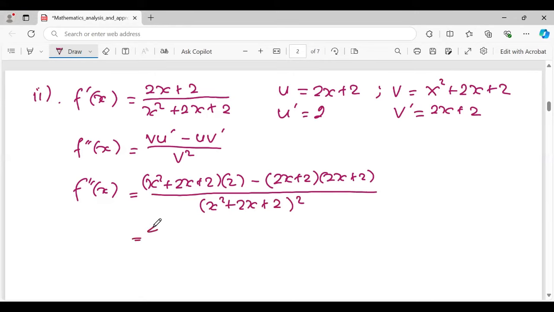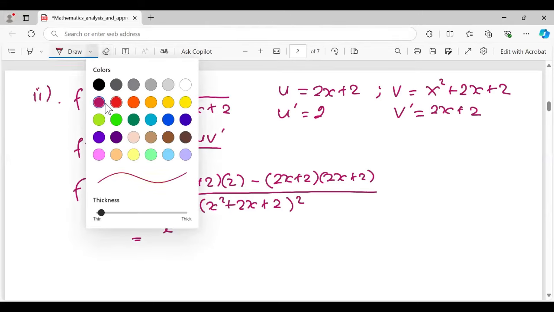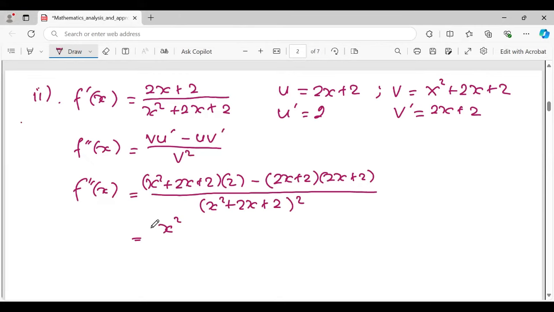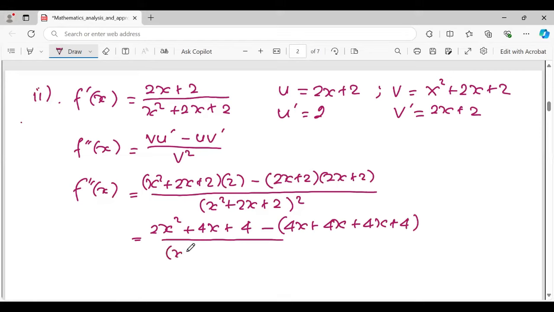After that, multiply: 2x squared + 4x + 4 minus (4x squared + 4x + 4x + 4) over (x squared + 2x + 2) squared.